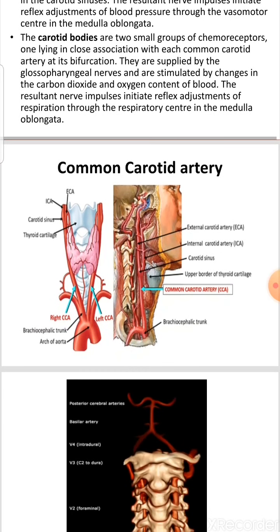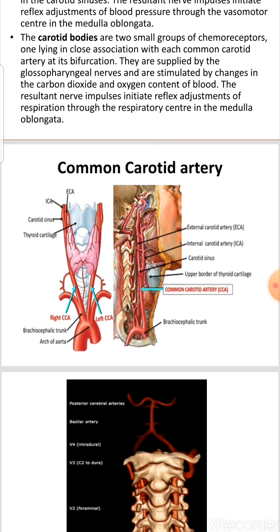You can see in this image there are two sections, one showing the anterior view and the other showing the lateral view of the common carotid artery. In the anterior view, on the left, you can see the course, the origin, and the bifurcation of the common carotid arteries. You can see that the right and left common carotid arteries are originating from their sides.